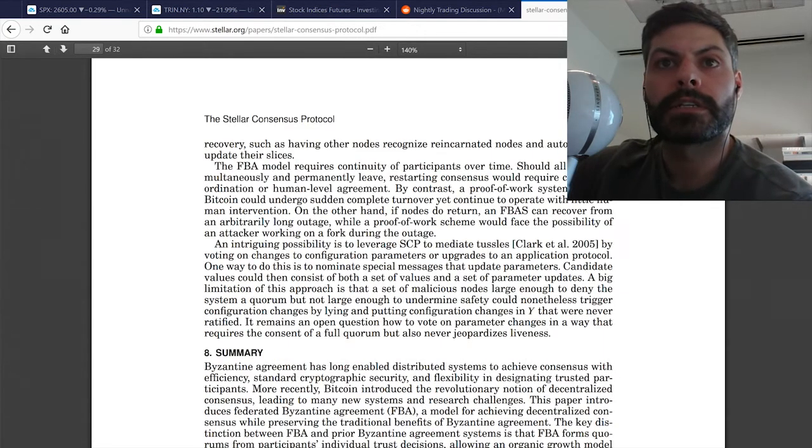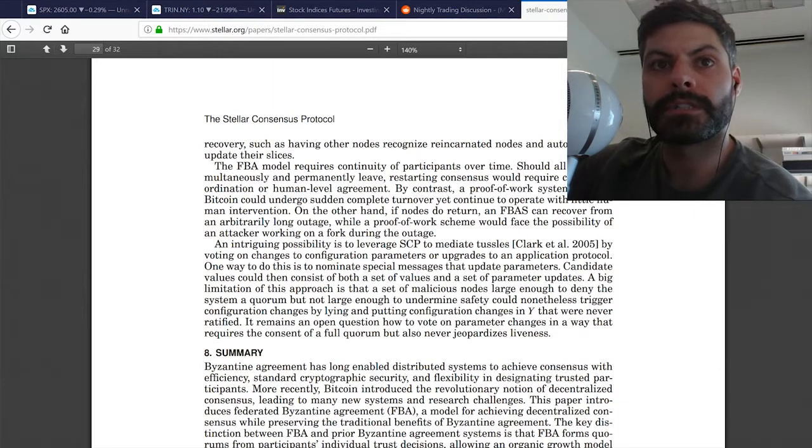An intriguing possibility is to leverage SCP to mediate tussles by voting on changes to configuration parameters or upgrades to an application protocol. One way to do this is to nominate special messages that update parameters. Candidate values could then consist of both a set of values and a set of parameter updates.